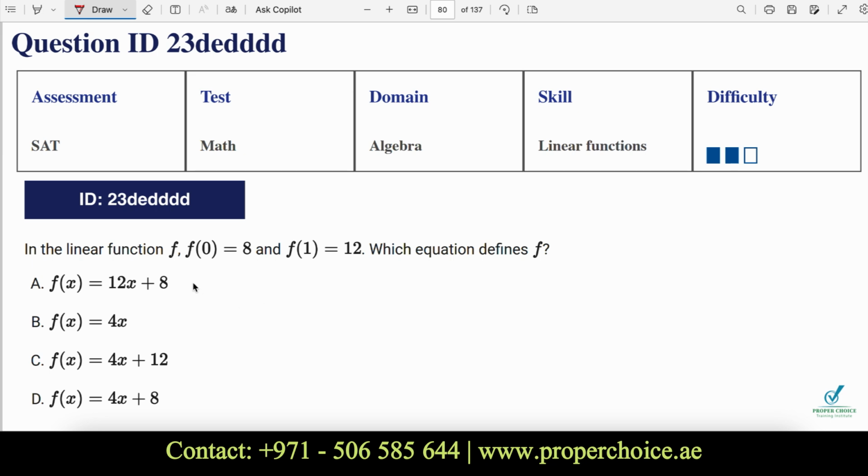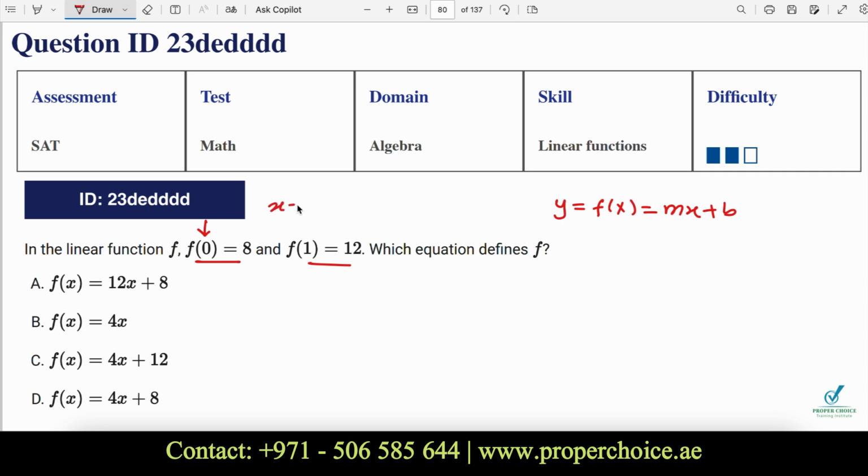In the linear function f, f of 0 equals 8 and f of 1 equals 12. Which equation defines f? It's very simple again. Whenever the x value is 0 and the f of x value is some number, that itself represents the y-intercept. We define a linear function as y equals f of x, which is equal to mx plus b, and b is the y-intercept.